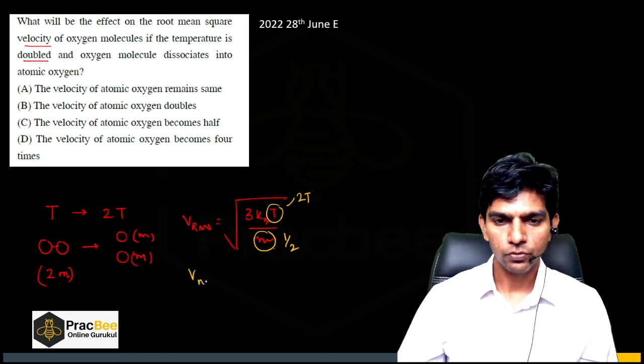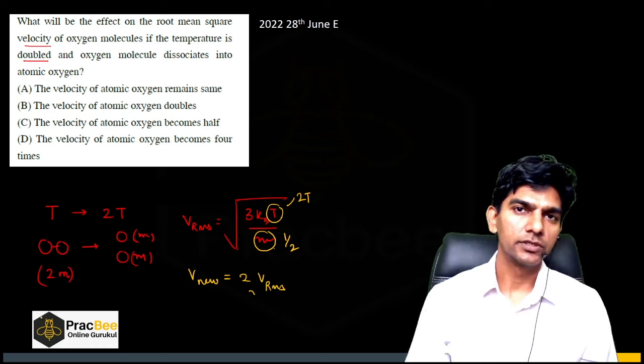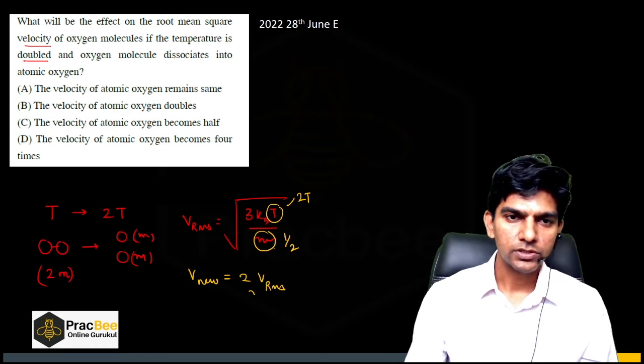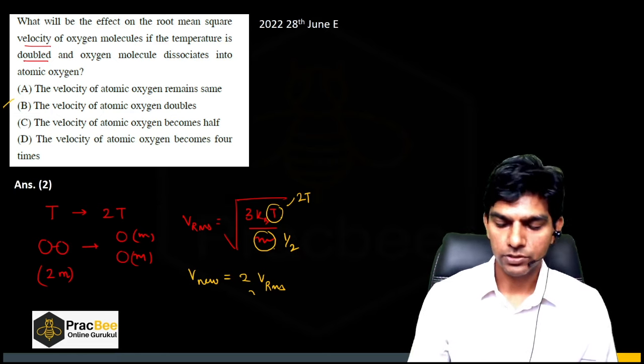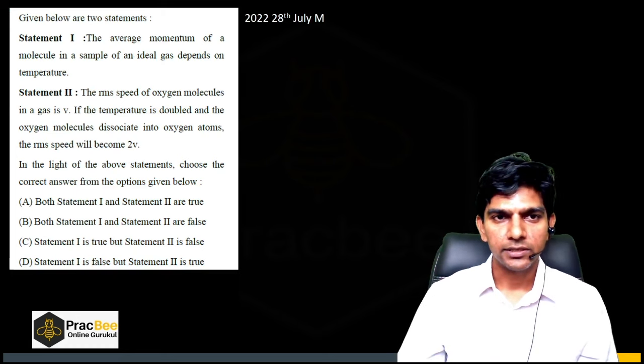So the new RMS velocity will be 2 times the original RMS velocity. The velocity of the atomic oxygen will double. So option B is the right answer. Again, a formula based question.